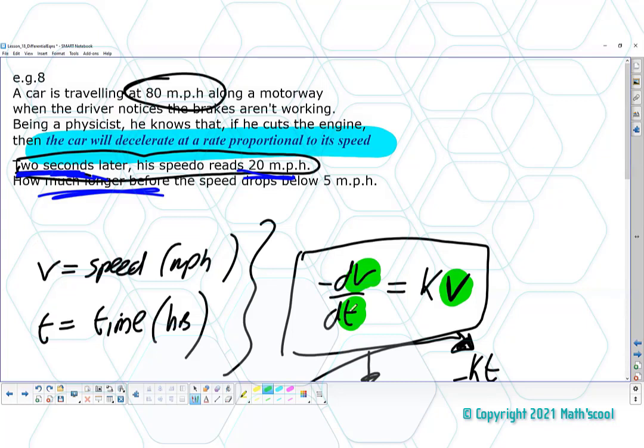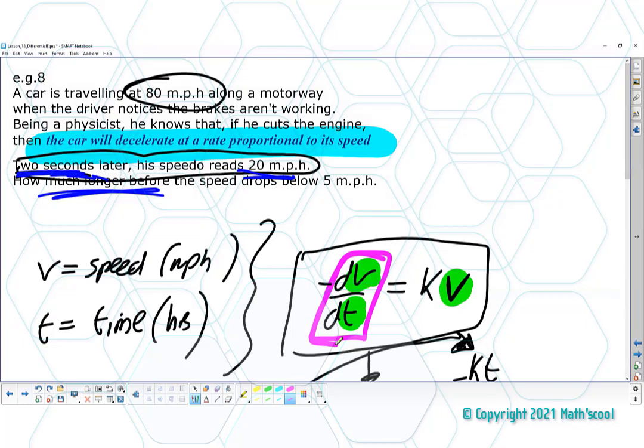And in particular, this bit of the differential equation tells me that when I finish, I'm going to get an equation connecting v and t.